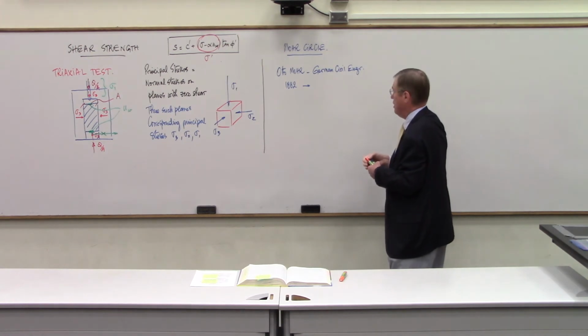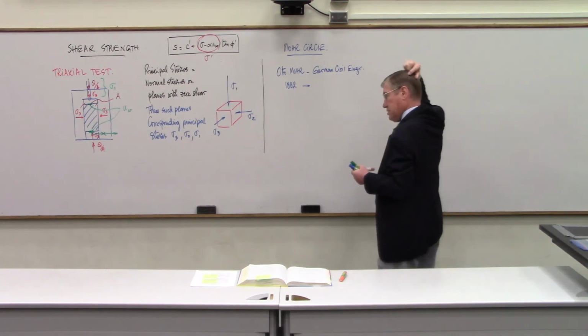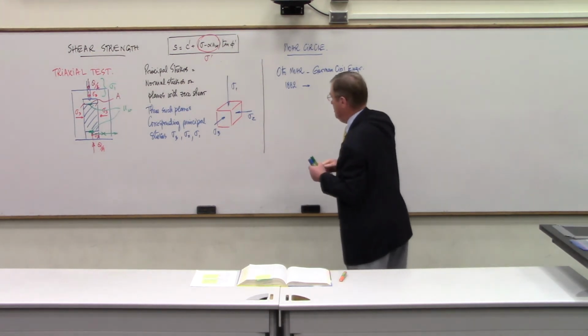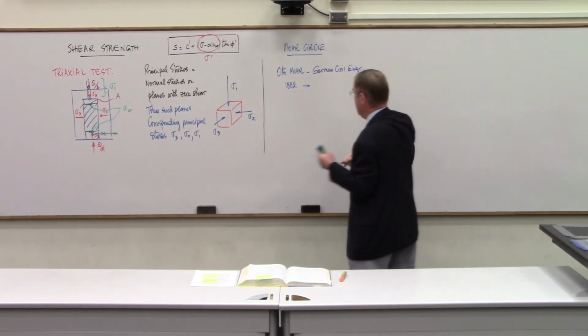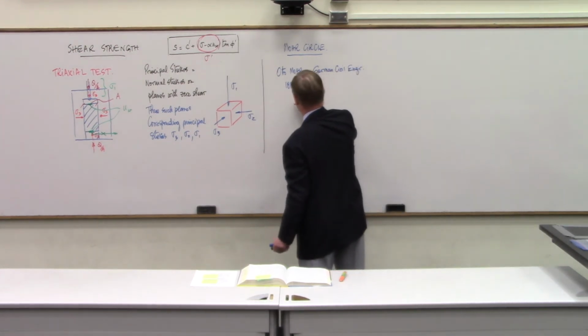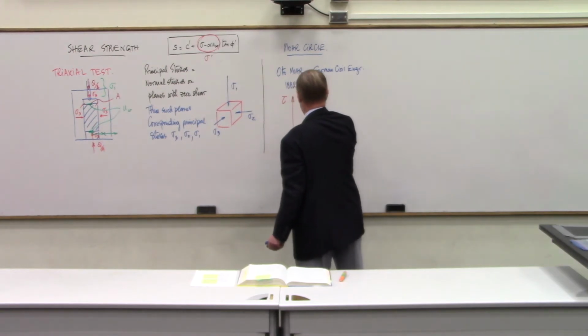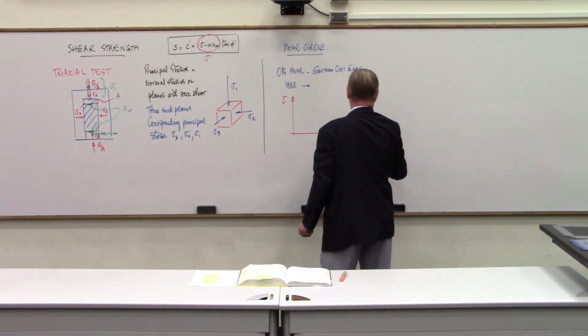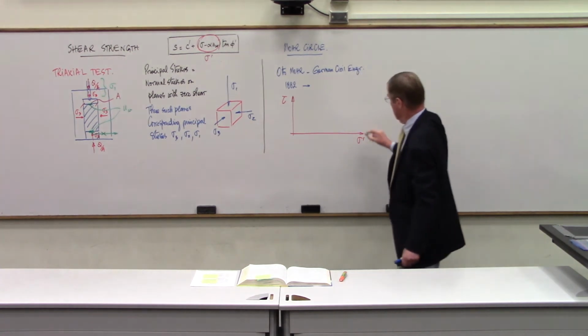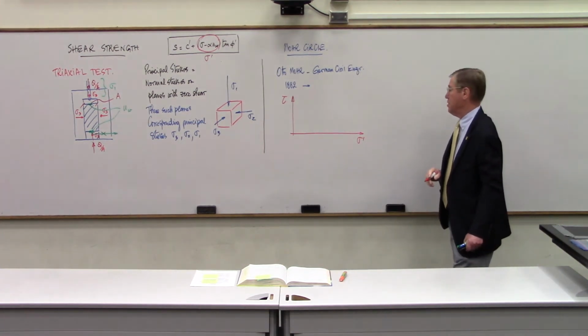But I want to point out something important, and that's why I did not erase this, is that if you look at the set of axes where you have tau versus, and again, for us in soils, this will always be sigma prime.